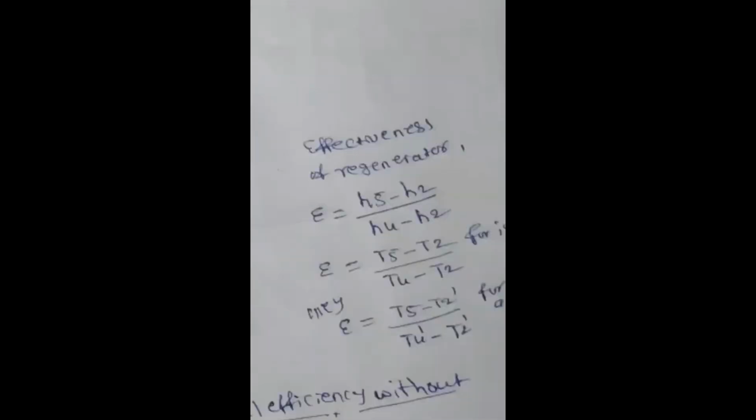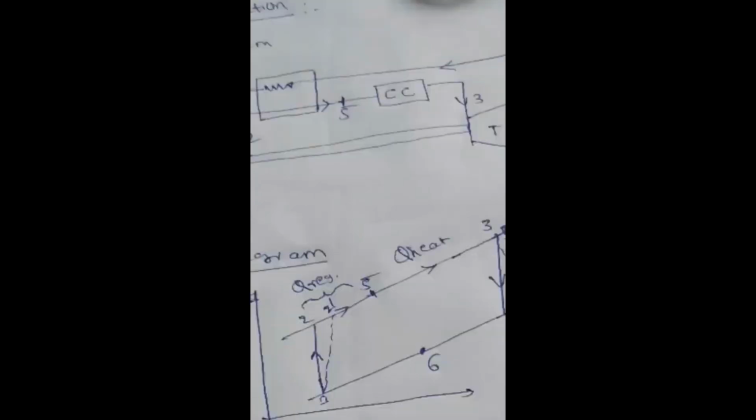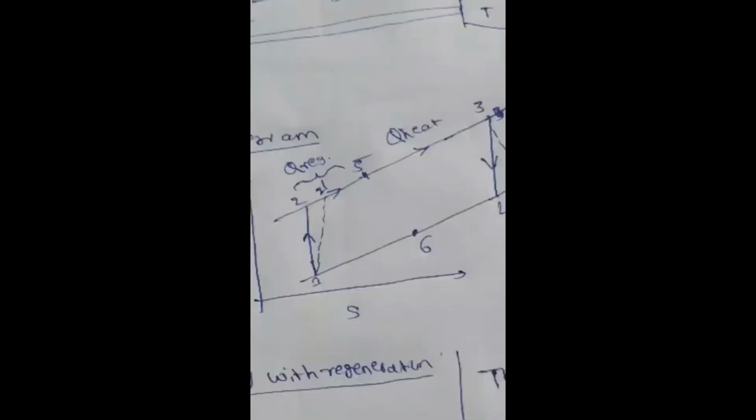Looking at this TS diagram, the effectiveness is calculated as (H5 minus H2) divided by (H4 minus H2).